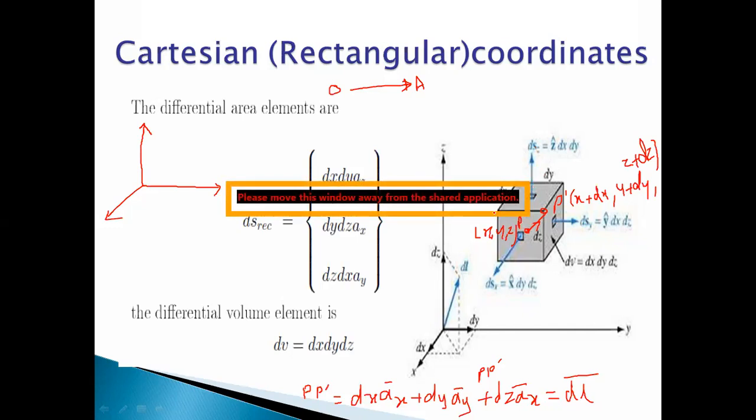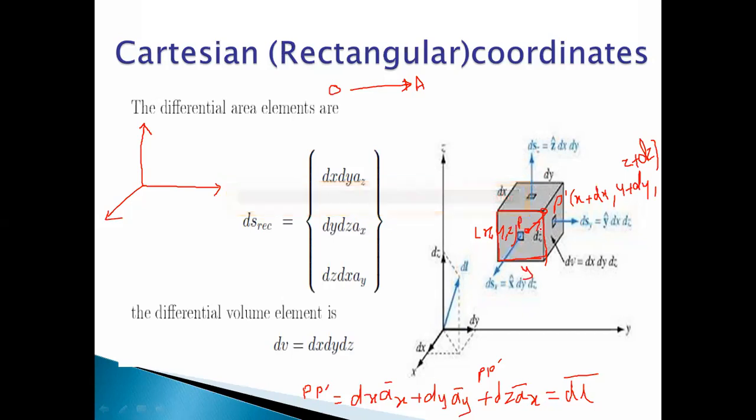Now consider the plane which is perpendicular to the x-axis only, this plane. Which axes are present here? Y and Z axes, right? Means this is dy and dz.